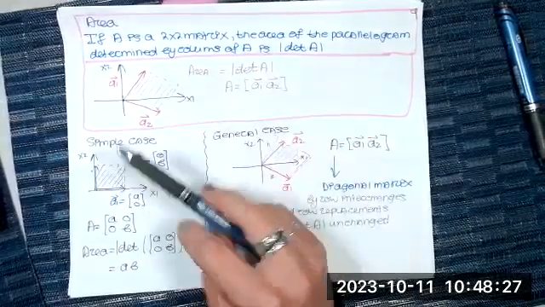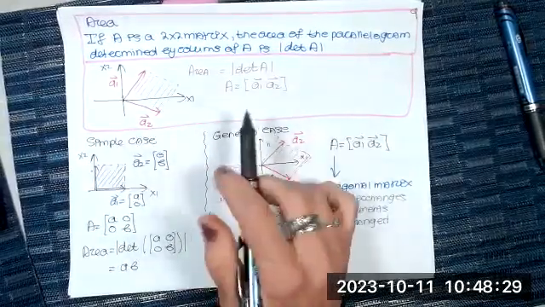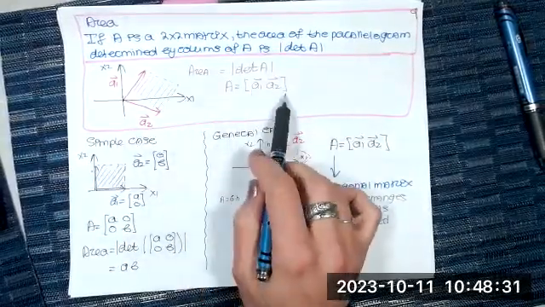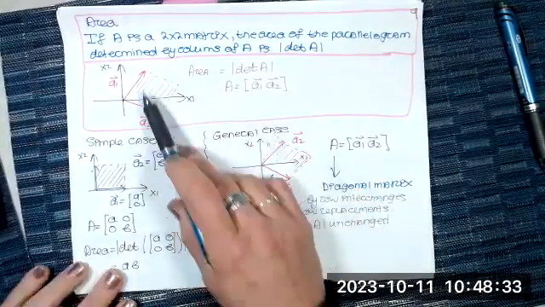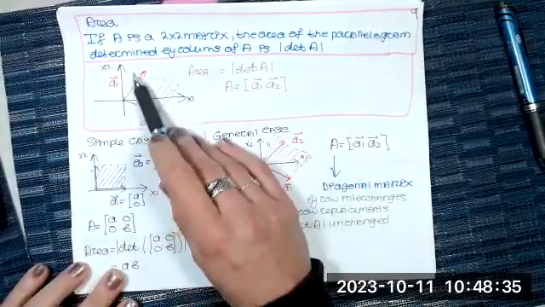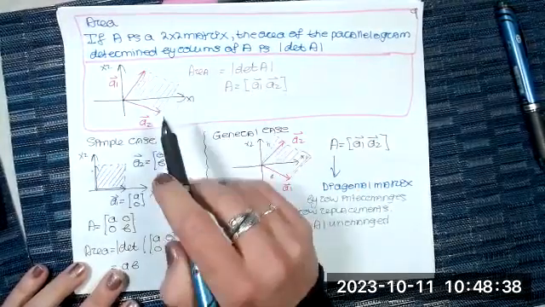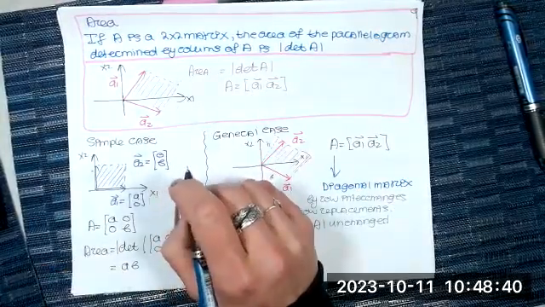So it's not a very interesting case. We assume that a1 and a2 are linearly independent so that those two vectors generate a parallelogram with non-zero area.